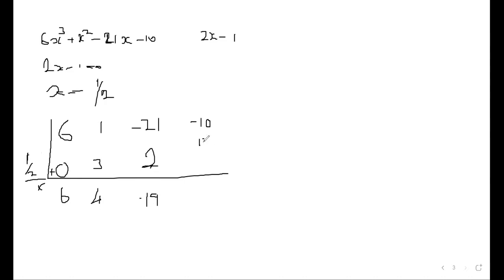That is negative 19 over 2. When we add this, we would have negative 20 minus 19 over 2, which is going to be negative 39 over 2. Oh, I only have 10 minutes.